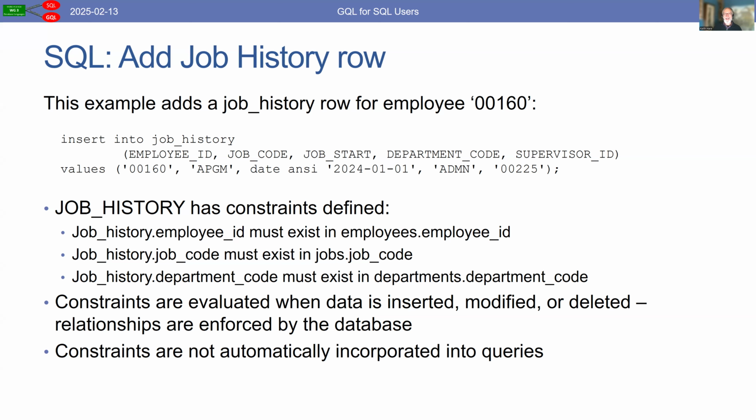So there's a requirement in the database that employee ID must exist in employees.employee ID, job history.job code must exist in jobs.job code, and so on. The constraints are evaluated by the database when the data is inserted, modified, or deleted. So the relationships are enforced by the database, but they don't actually show up automatically in queries.